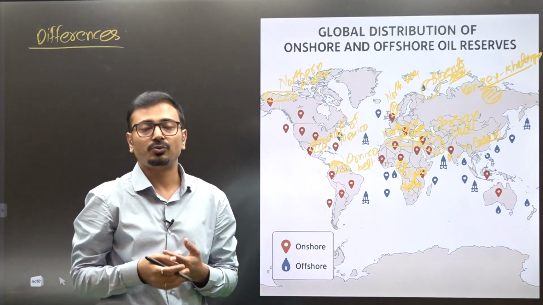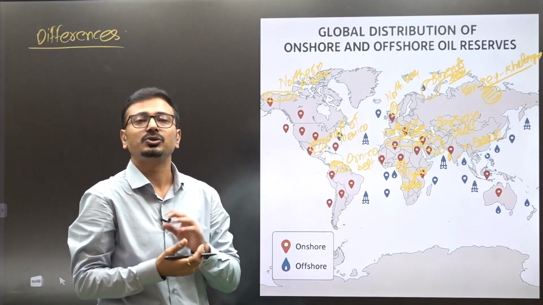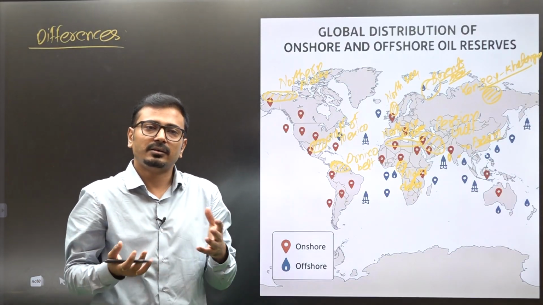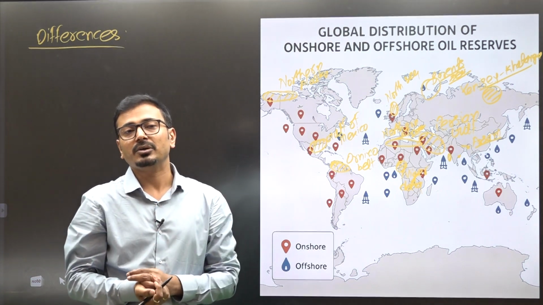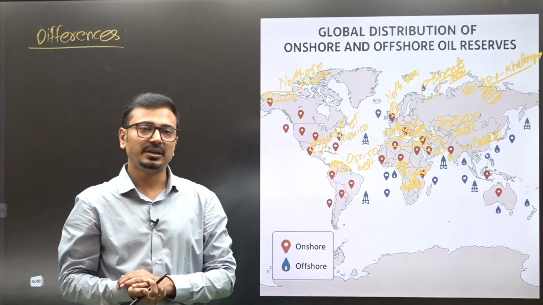So, offshore reserves were once inside the ocean. There have been many upward and downward movements of the land, and because of that they have come up to the mean sea level at present.